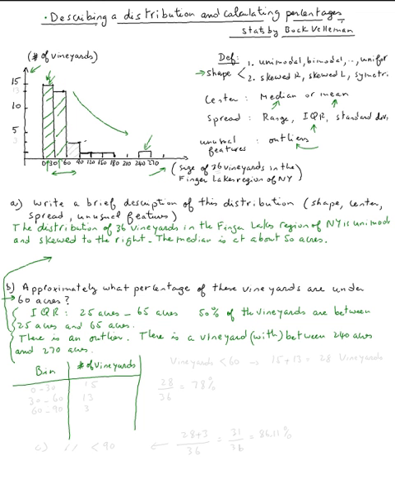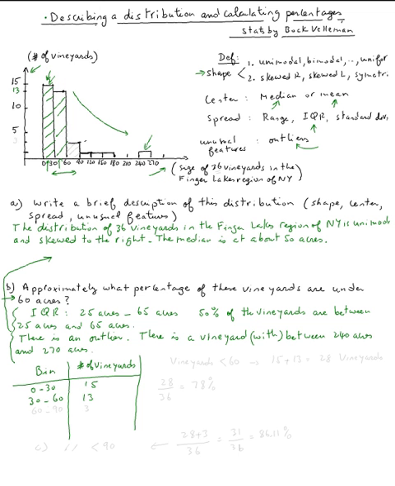Between 0 and 30 acres, there are 15 vineyards. Between 30 and 60, I think that's 13. So there are 13 vineyards.